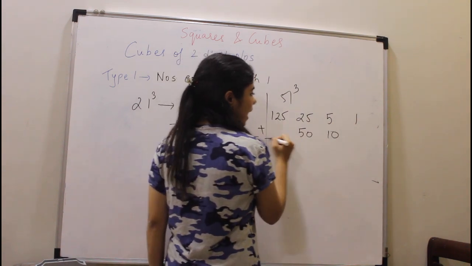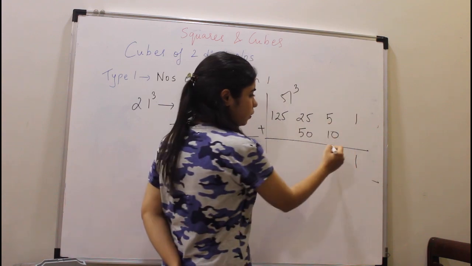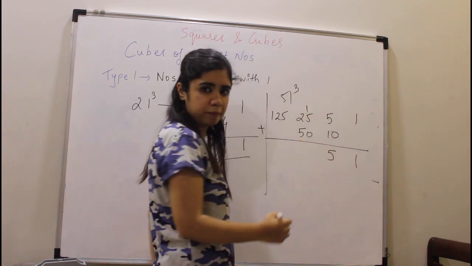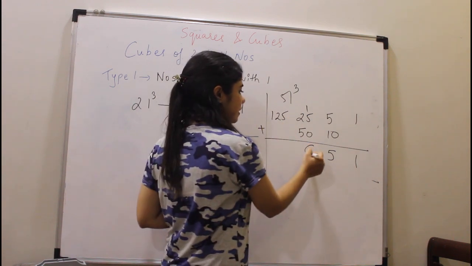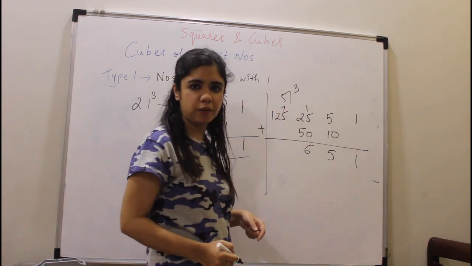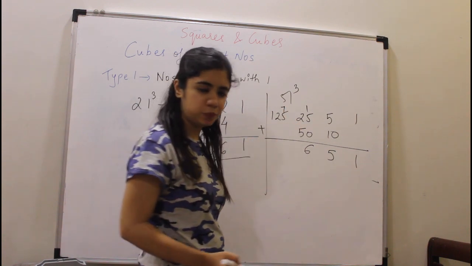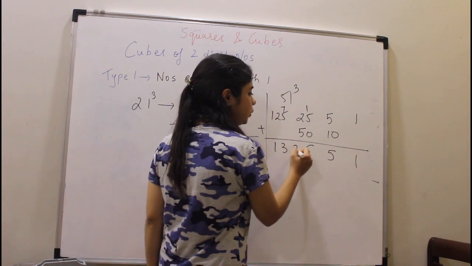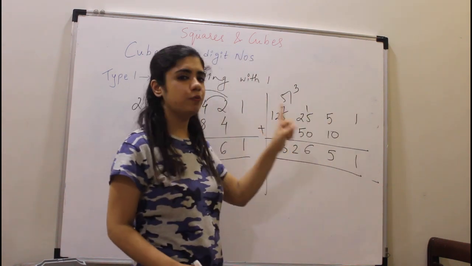If I just add these, this will be 1, 10 plus 5 is 15. तो 5 इधर आएगा, 1 carry हो जाएगा. 50 plus 25 is 75, plus 1 is 76. So 7 इधर add हो जाएगा. 125 plus 7 will give you 132. So this will be 132651. That is your 51 cube.